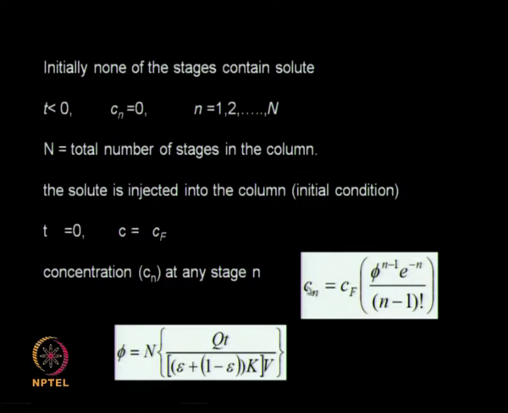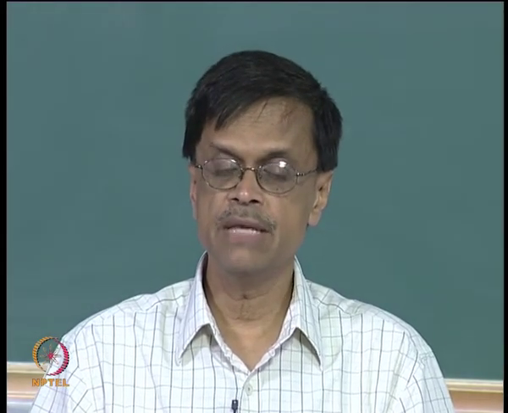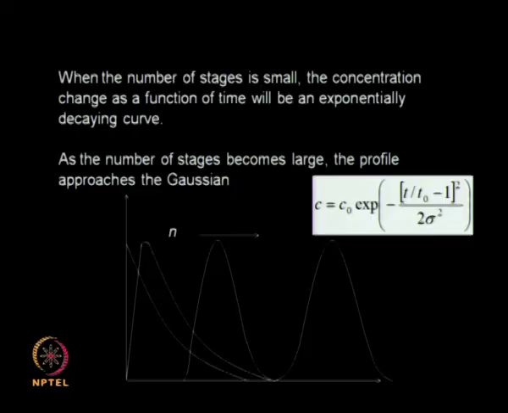So the concentration at any stage of the solute in the mobile phase, or of the solute leaving that stage, can be calculated by this relationship. This is a very useful relationship because we can make use of it with the relationship we have for a normally distributed Gaussian curve that is leaving the chromatographic column, okay.